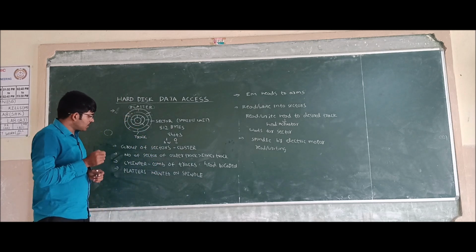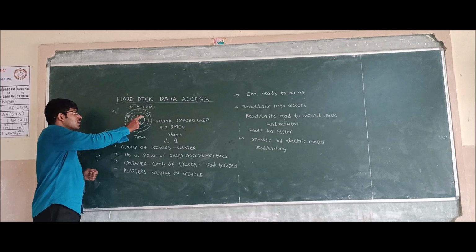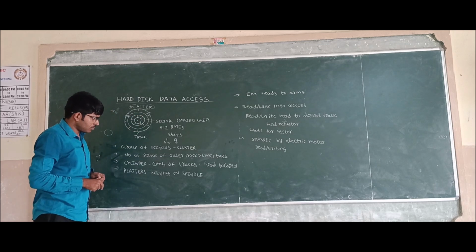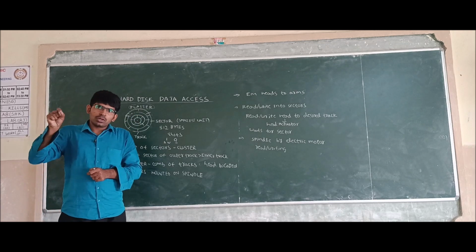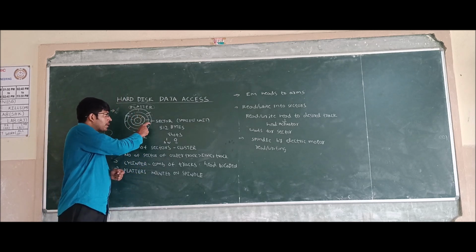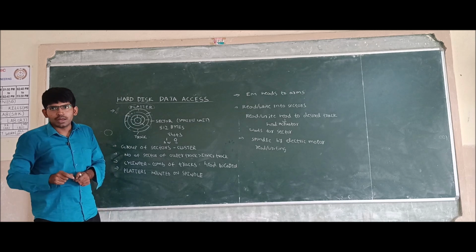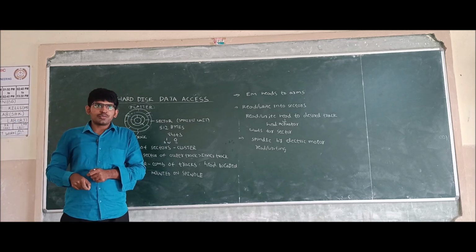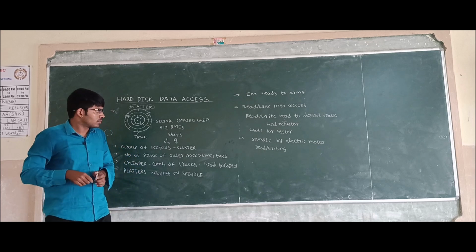Now the question is, how are you storing the information in the hard disk? In order to store the information in the hard disk, we have to point out a particular sector. In order to point out a particular sector, we require a head.